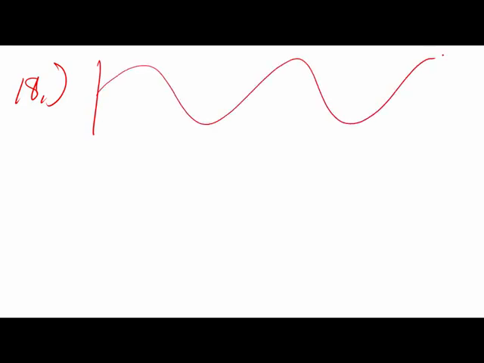Let's go to another problem now. Let's look at number 18. Number 18 says we have the displacement of a wave traveling in the positive x direction. So we have a wave traveling this way, which is the positive x direction, okay?